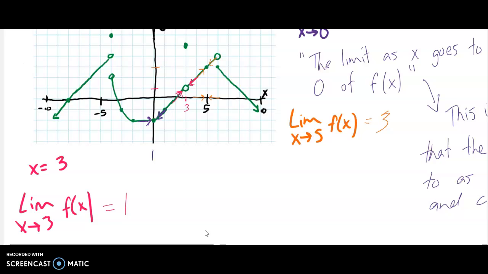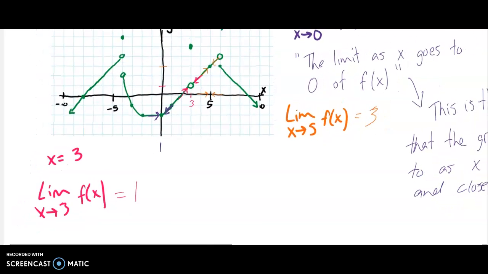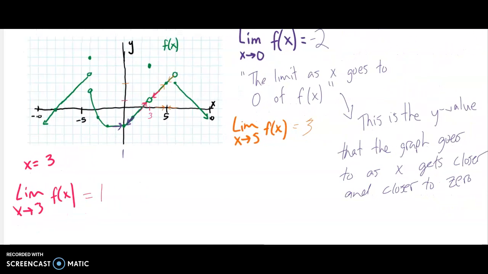Now, I want to point something out. We'll zoom out a little bit here. If I were to ask you what is f of 3, we did that earlier. Notice I don't take what it's going into. I take what it is when we go vertically up until we hit a spot. So that is 5.